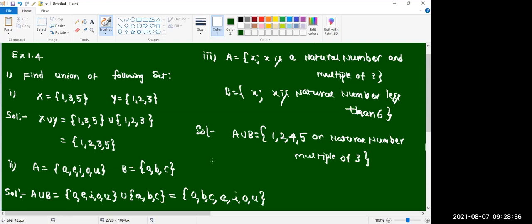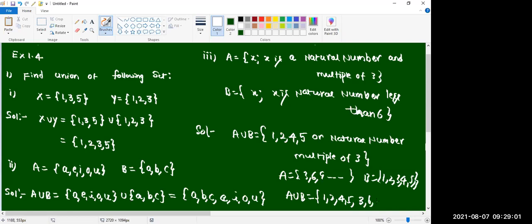Sir, I didn't understand the third one, sir. Third one, actually, it is like this: A equal to {3, 6, 9, and so on} and B equal to {1, 2, 3, 4, 5}. A union B we are finding. We get 1, 2, 4, 5 and 3, 6, and so on. All this we are writing as multiples of 3.